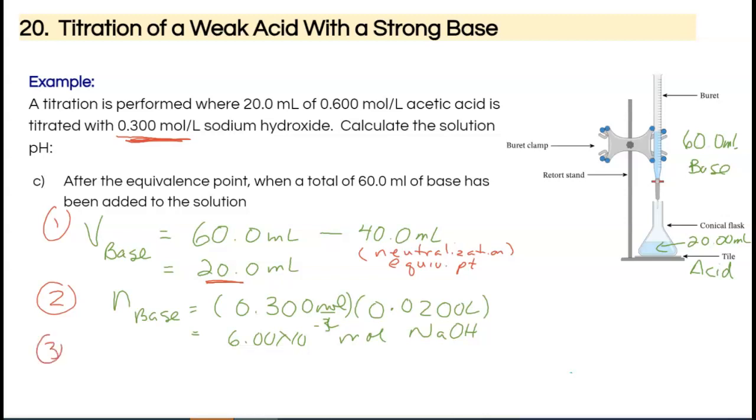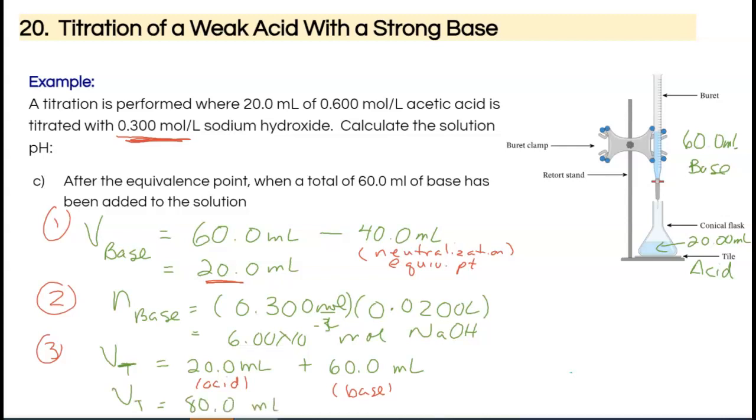I'll call this step number 3. If I have added 60 milliliters of base, the total volume now in my conical flask is going to be the 20 milliliters of my acid that was originally there before I added any base, plus the 60 milliliters of my base that was added at this point. That gives me a new total volume in my conical flask of 80 mL.